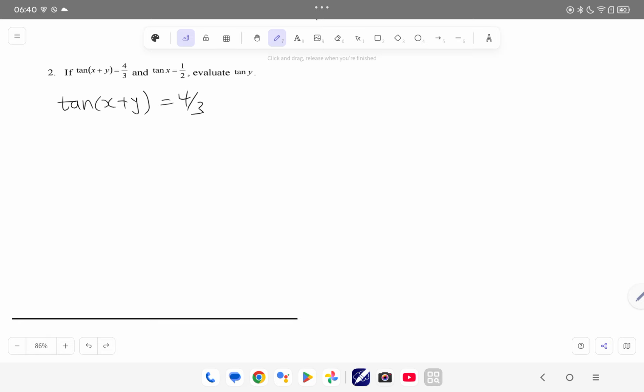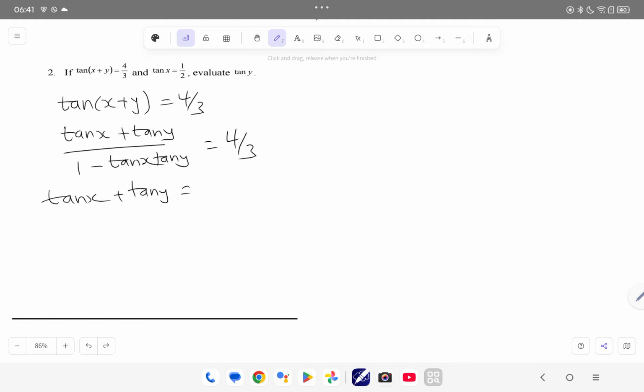In terms of addition formulae, it will be tan x plus tan y out of 1 minus tan x tan y is equal to 4 out of 3. By cross multiplication, we shall have tan x plus tan y is equal to 4 over 3 into 1 minus tan x tan y.